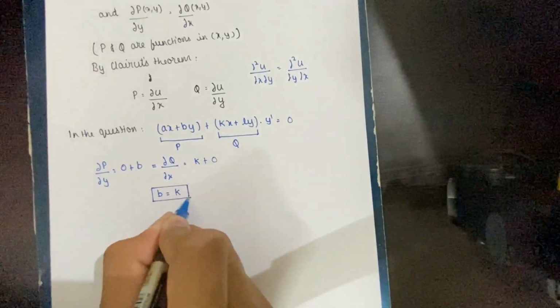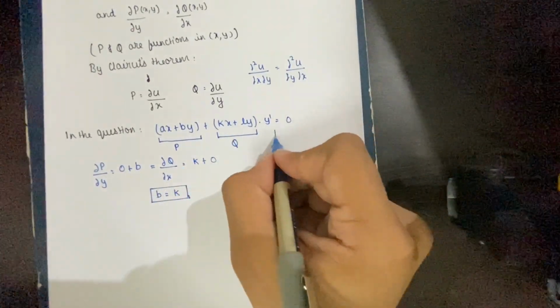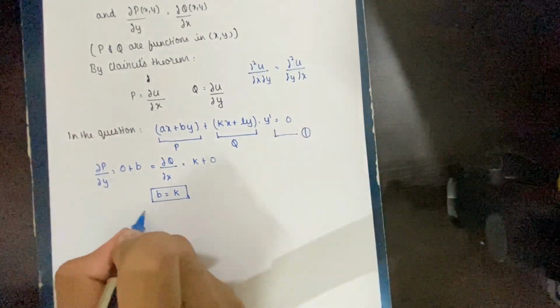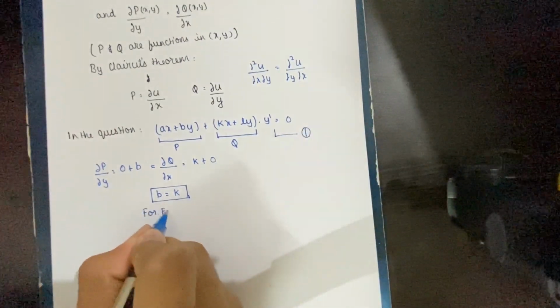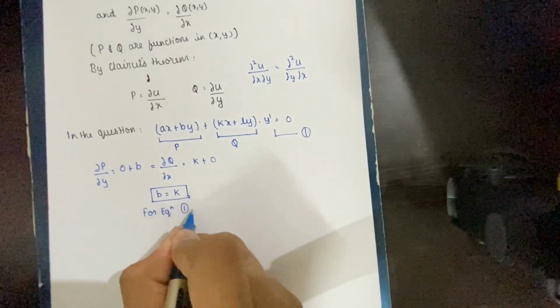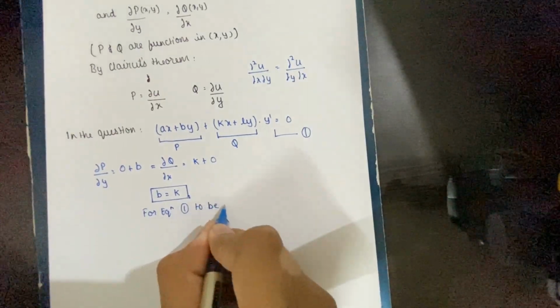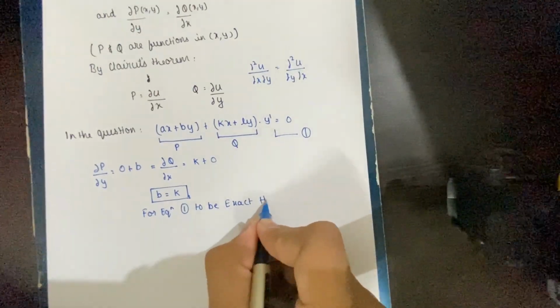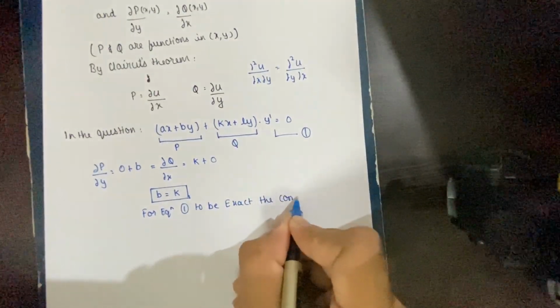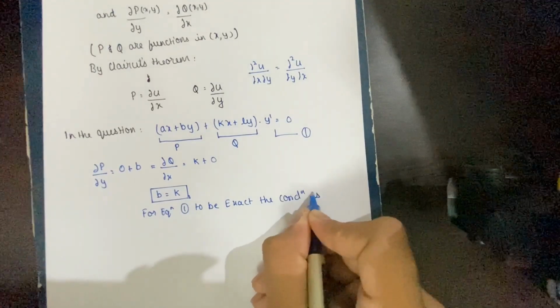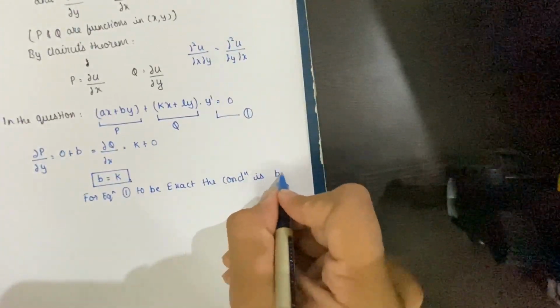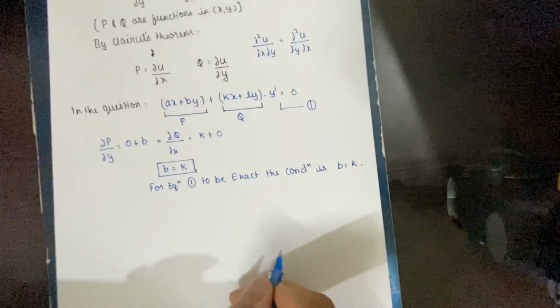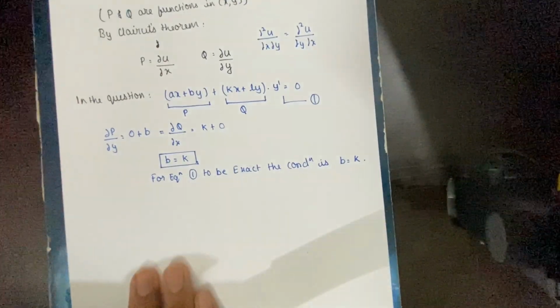So for equation 1 to be exact, the condition is that it should satisfy b equals k. That's the condition.